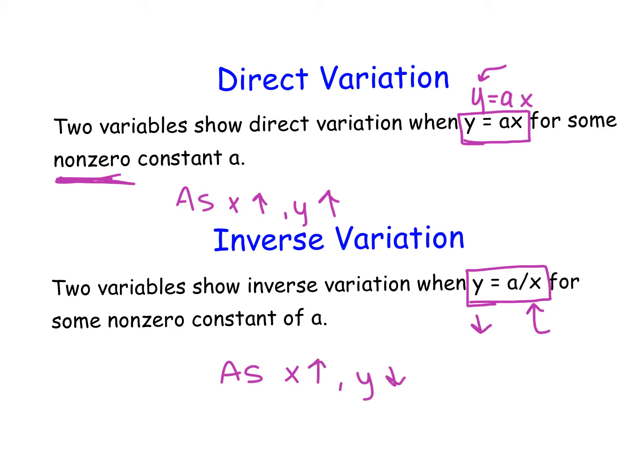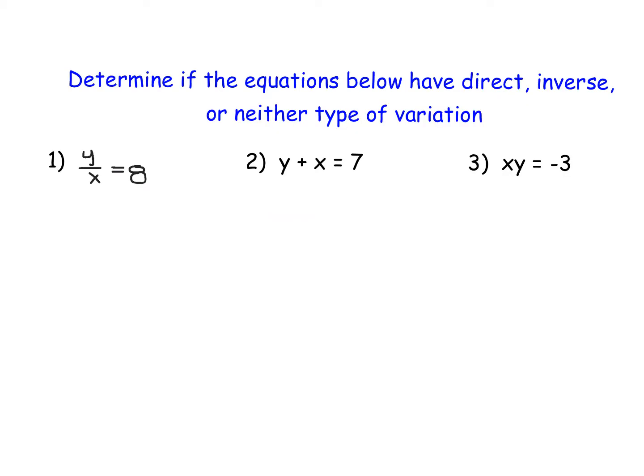And for both of these situations, what we're going to be looking for is if we can rewrite it into one of these two forms where a is a non-zero number. So that's what we're going to look for as we try to identify direct and inverse variation. For each of these three situations below, we're going to determine if the equations have direct, inverse, or neither type of variation.